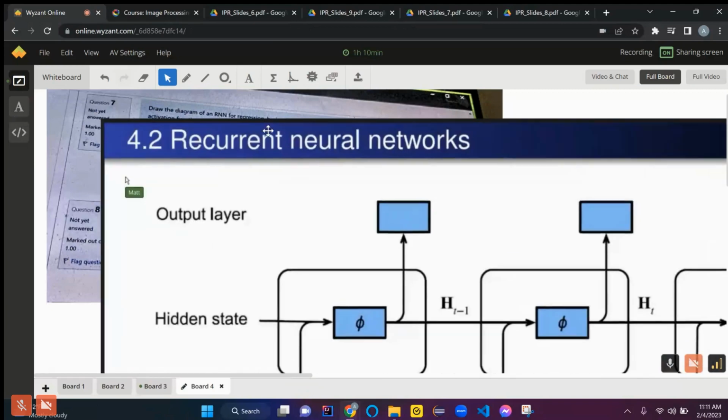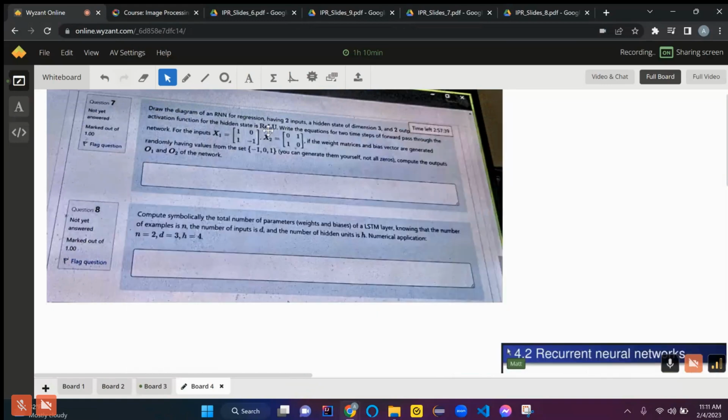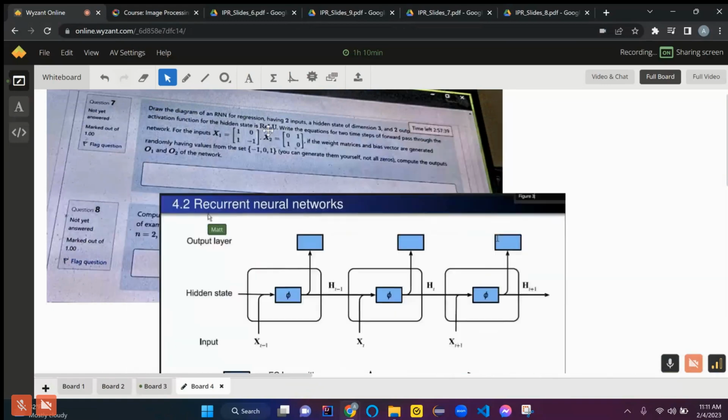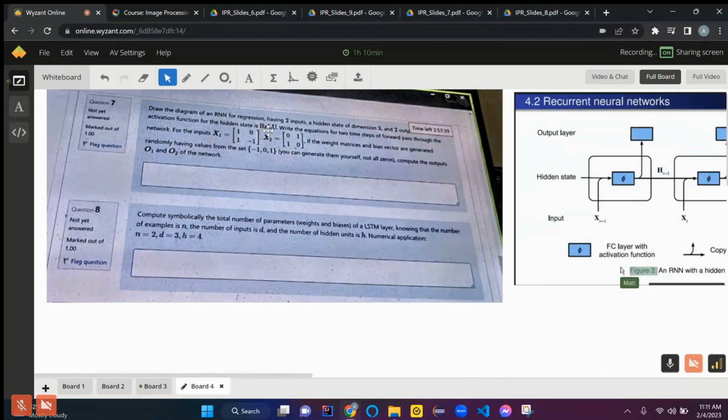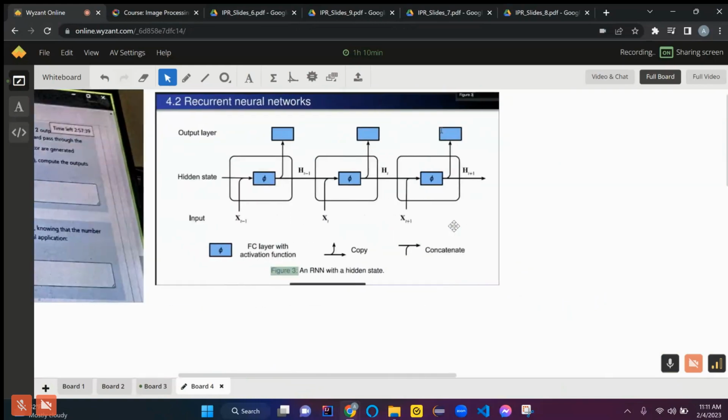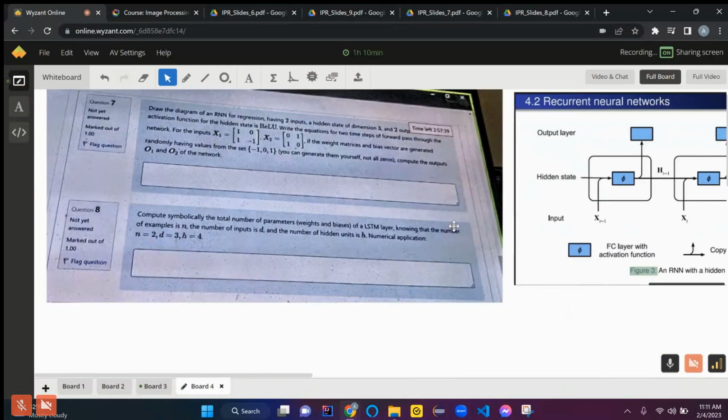There's a lot of ways you could draw these diagrams, but I think I get what they're saying. Here, I'll make that small so that we can draw a bigger version below. Okay. So basically, if you wanted 2 inputs and the hidden state of dimension 3, that's the only part that's giving me a little bit of trouble.